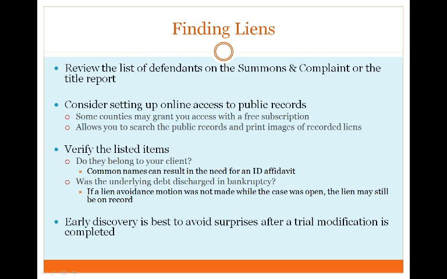So this gives your client an opportunity to look through them. It gives you an opportunity to see if the address is matching up, if the middle initial is matching up. Oftentimes, it'll be quite different. And you can use that time at the beginning of the process of working with your client to let the bank's attorney, the lender's attorney, know that these are not necessarily your clients' liens.